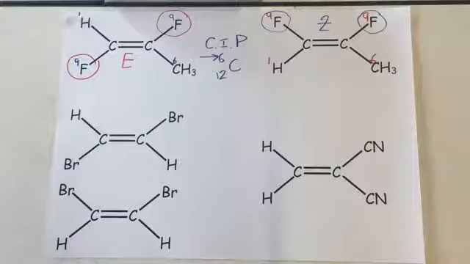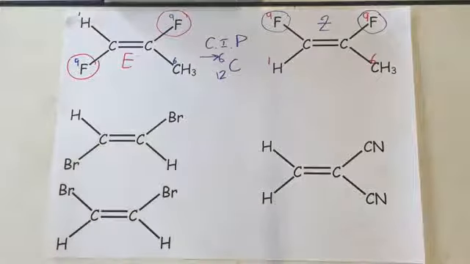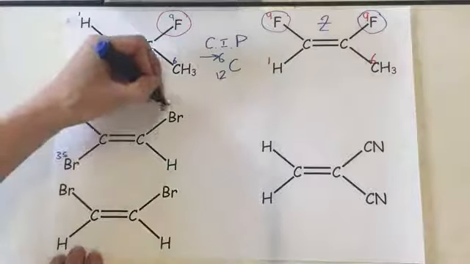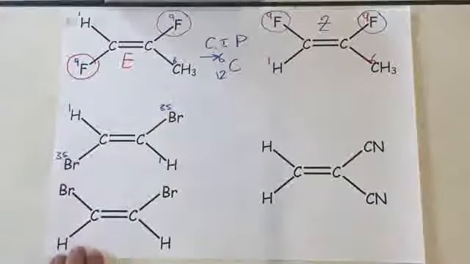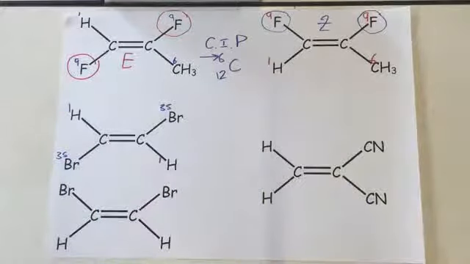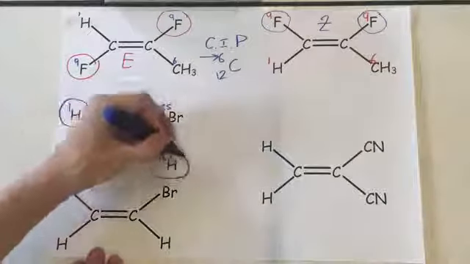So how does this differ from cis-trans isomerism? Well, for cis-trans isomerism, it actually has nothing to do with assigning priority. Take these two stereoisomers down here, for instance. Now, normally what we do is we'd assign priority and look at the 35 atomic number value of the bromines and say, well, this is the E isomer, just like we saw above with the position of the fluorines. But since we're actually trying to assign cis-trans, we look at the hydrogens.